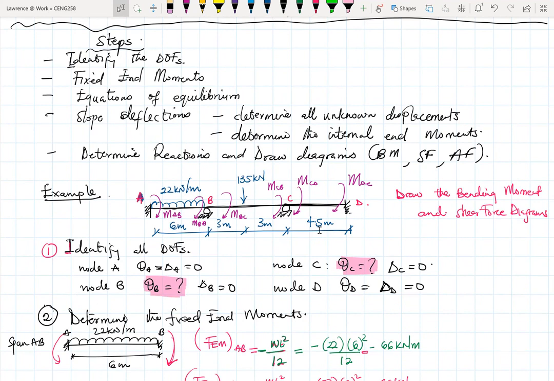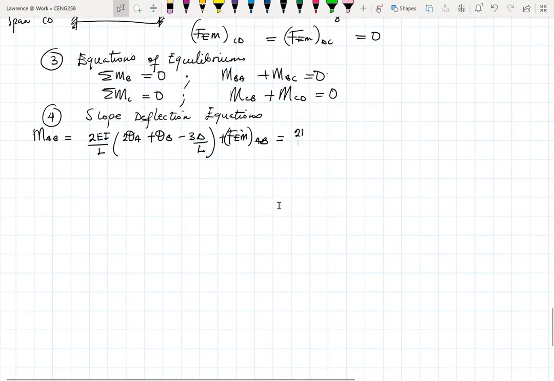In some cases that would not happen. The flexural rigidity will be different for each span, so please take note of that. And here the L is LAB, the span of AB. So it becomes 2EI over L, and the length of AB is 6 meters.